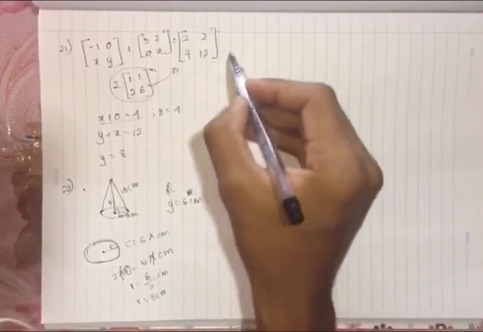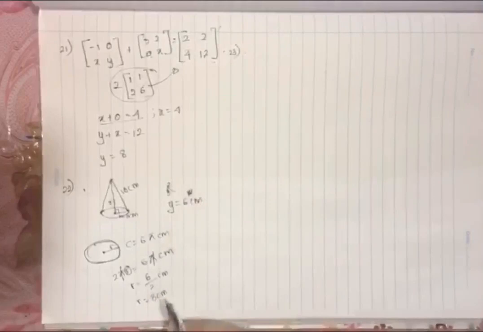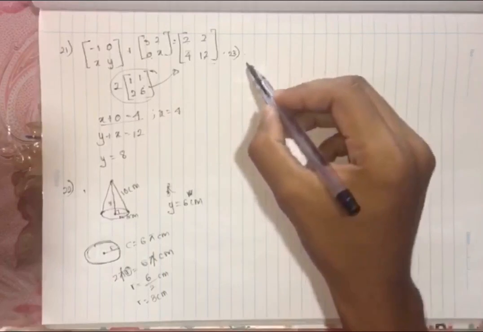Let us move on to the 23rd question. Here you have to use the knowledge of equiangular triangles. You have to find the value of x. Let me draw the diagram.